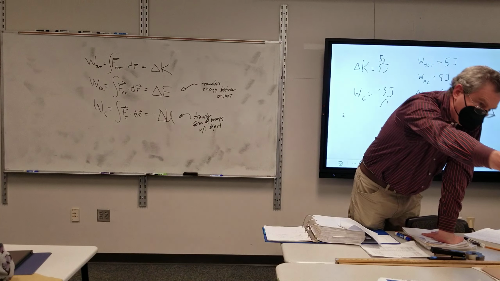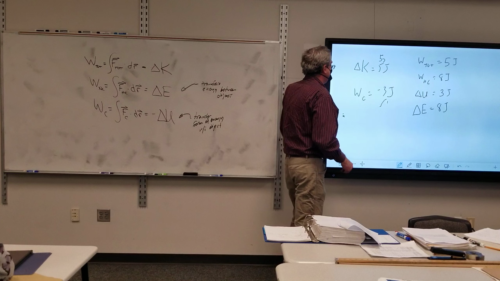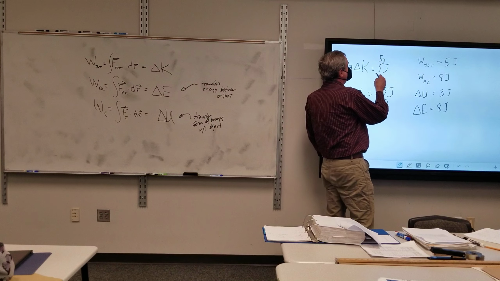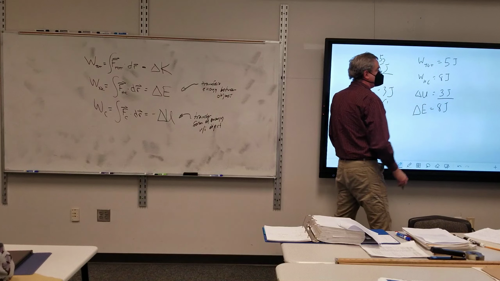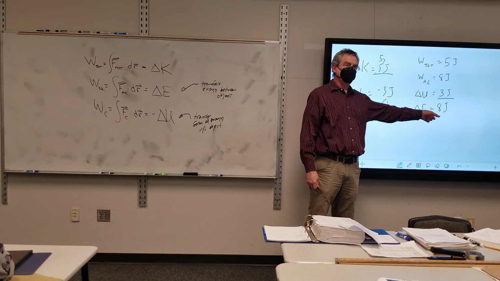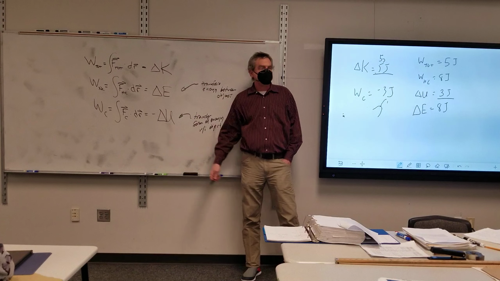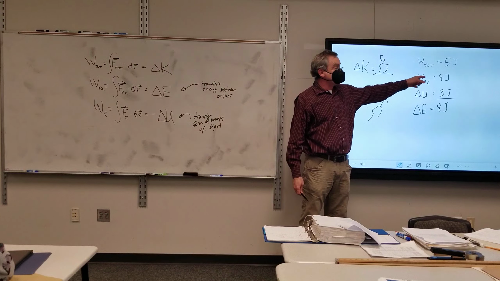Probably going to look something like that. So once we establish the change in kinetic energy and the change in potential energy, the total change in energy is just the sum of those two, 8. I know that non-conservative work is equal to the change in energy, so I know that's 8.